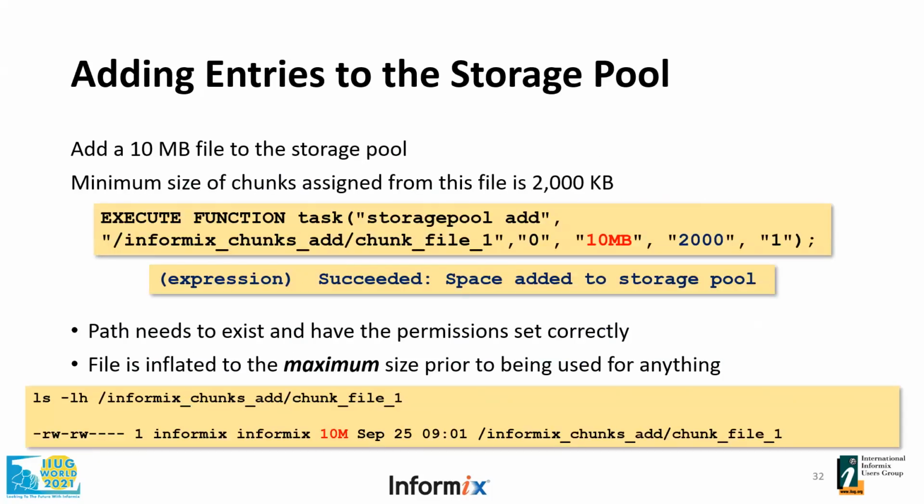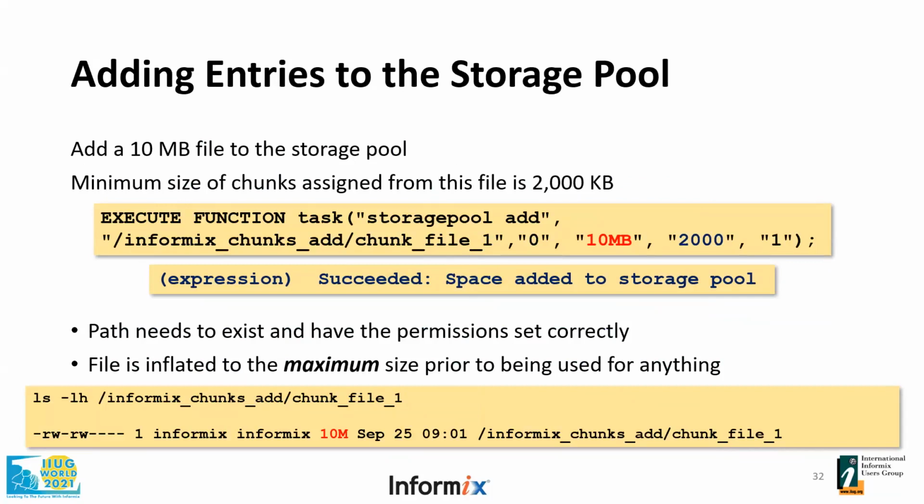So here's an example. We're adding a single file to the storage pool. It says chunk file 1. That file must exist already, and the permissions must be set, just like any other cooked file. And we're specifying a fixed size. We're saying, all right, this file is going to be 10 meg.